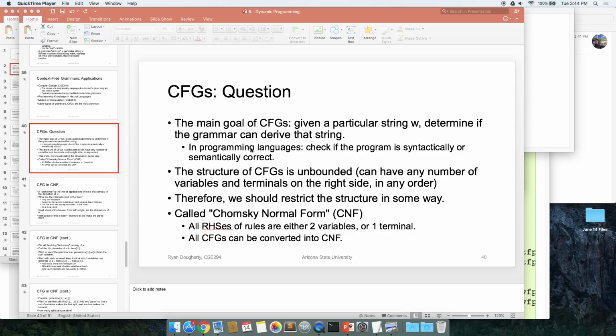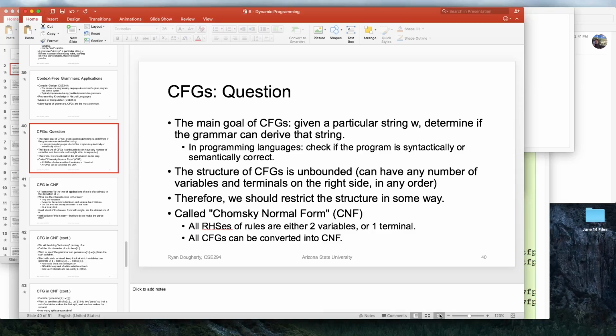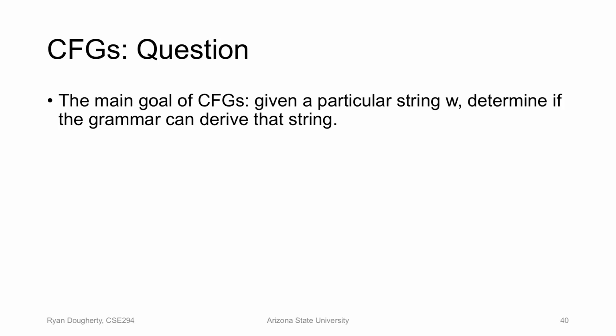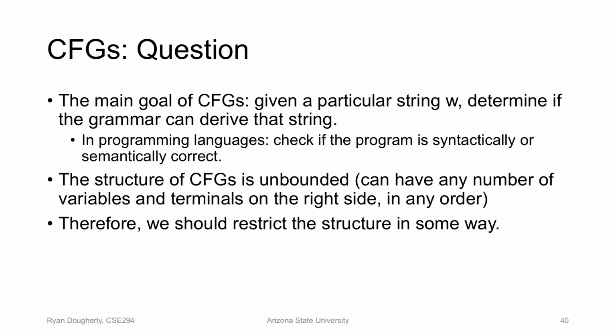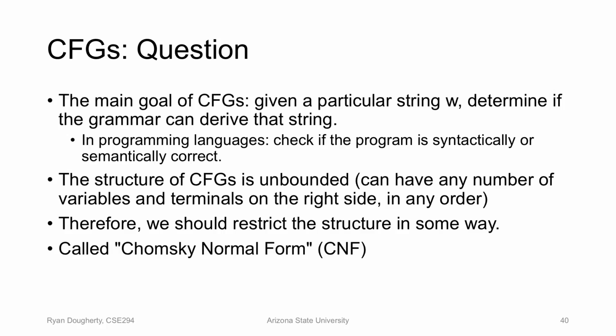So what we want to do is structure the grammar in an easy-to-analyze way to make figuring this out using the dynamic programming strategy that we'll talk about much easier. So we're going to convert our grammar into what is called Chomsky normal form. Anyone know Noam Chomsky?